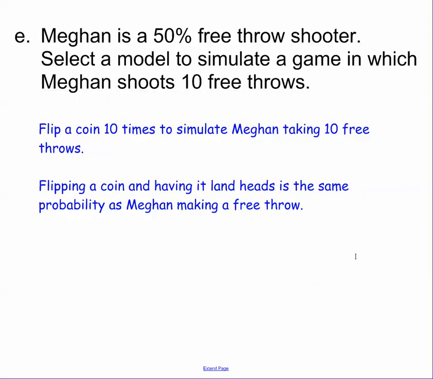So we could simply just let heads represent a make, tails represent a miss, or vice versa. Do it 10 times, and there we go. It wouldn't work if she was a 40% free throw shooter. We'd have to figure something else out then, but it does work since she's a 50% free throw shooter.